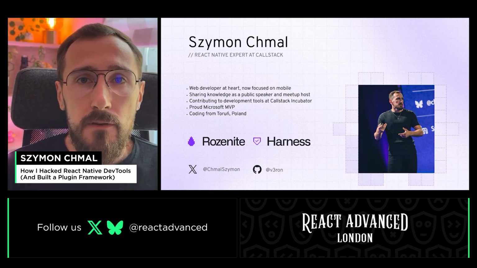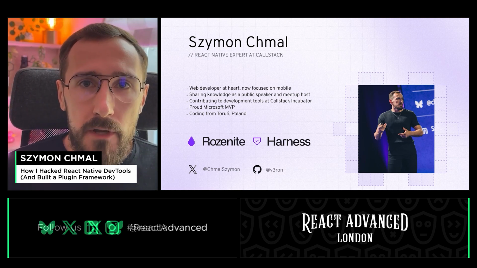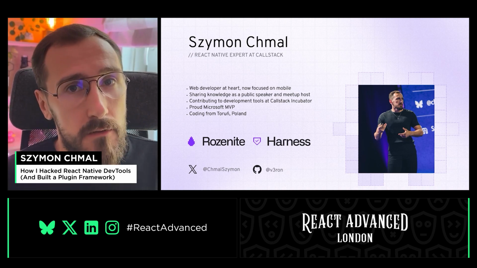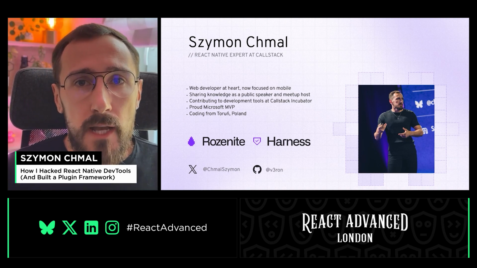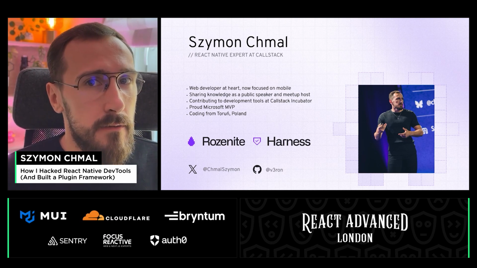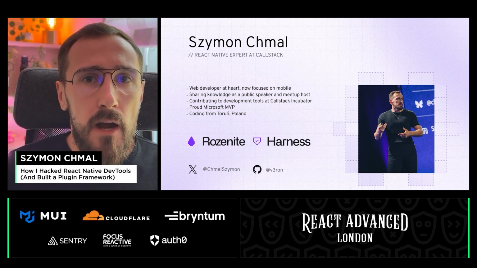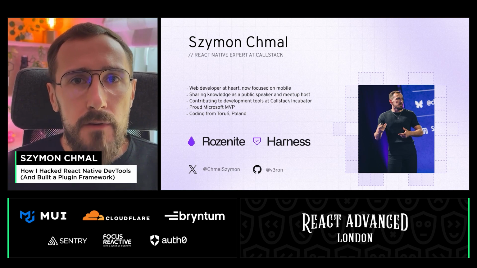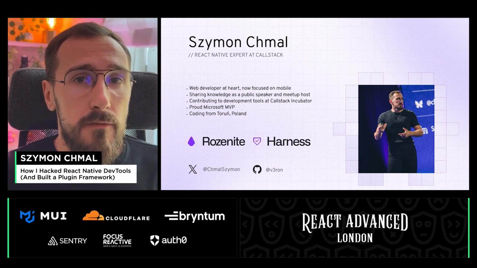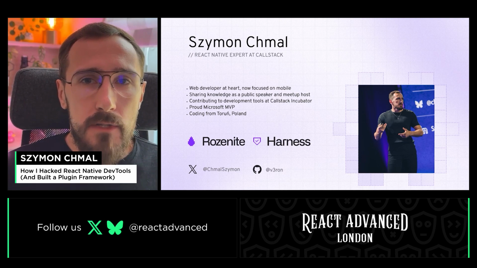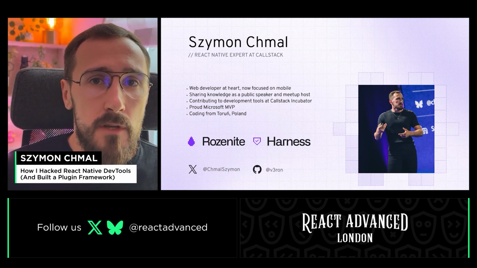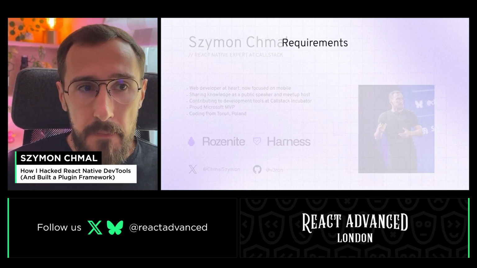This is a special group of people at Callstack where we are playing with technology and trying to push forward as much as possible. And I'm the creator of both Rosinite and the recently announced React Native Harness, which is a new testing framework for React Native. And I'm coding from Toruń, from Poland. The city itself is known for gingerbread and being a home of Nicolaus Copernicus in the past.